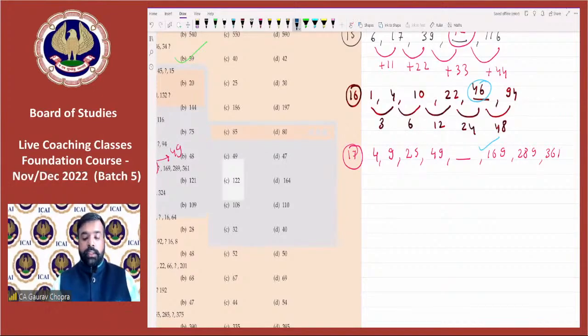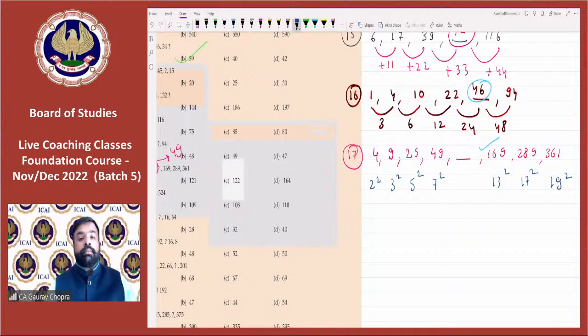So 4 is 2 square, 9 is 3 square, 25 is 5 square, 49 is 7 square, 169 is 13 square, 289 is 17 square, 361 is 19 square.